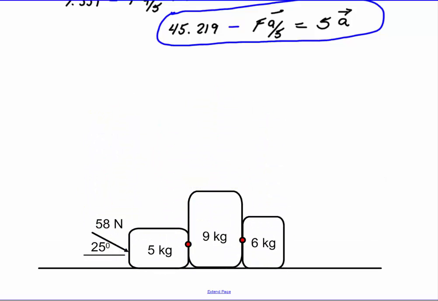So now we're going to do a free body diagram of the 9. 88.2 going down. 88 point what? 88. So the friction would be 8.82.